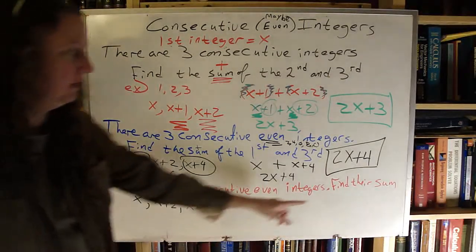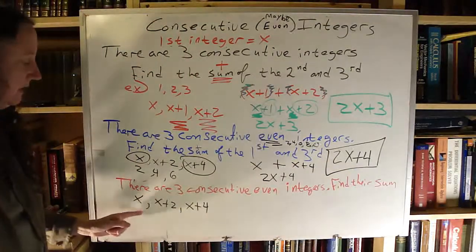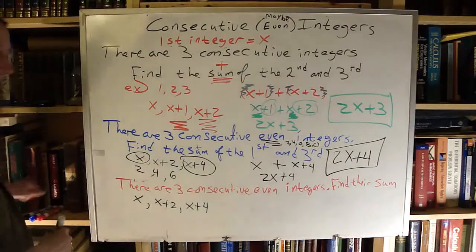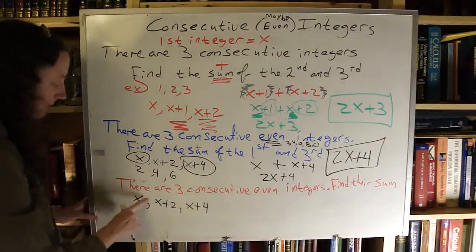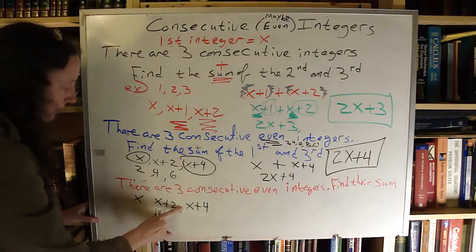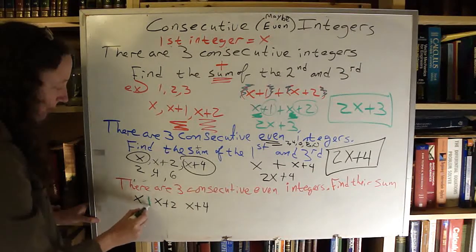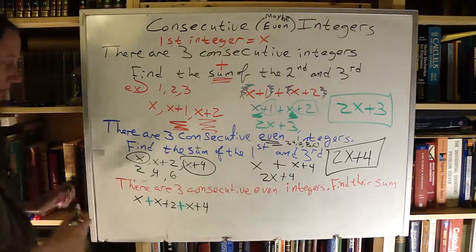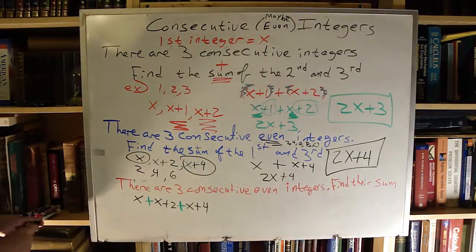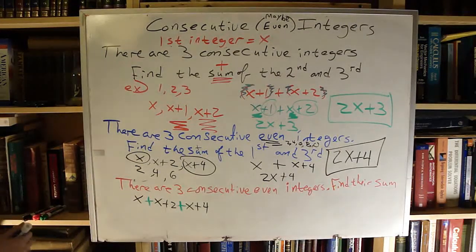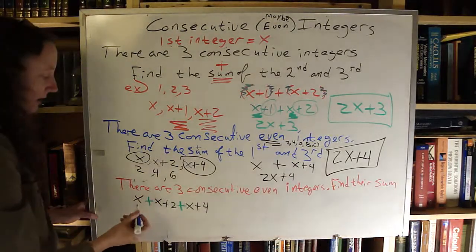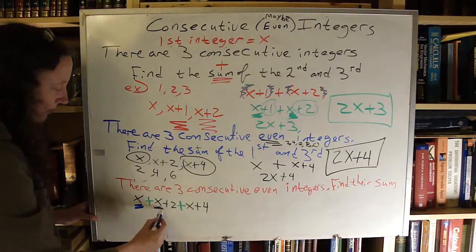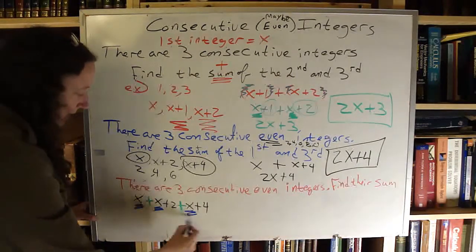Now I'm being asked to find their sum, so I need to add these 3 together. So I'm going to be a little lazy here, conserve a little ink, and I'm going to replace my commas with plus signs. Now I'm going to add these. I need to find my like terms. That has an x, that has an x, that has an x.